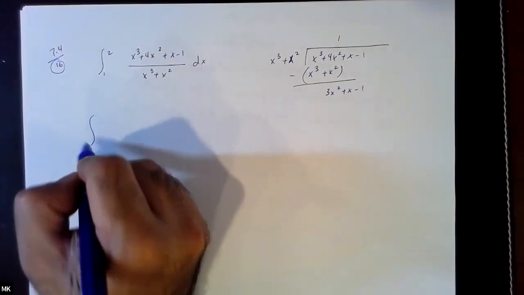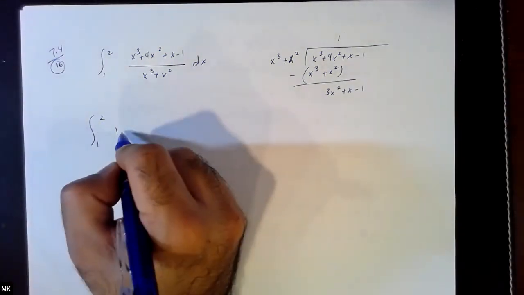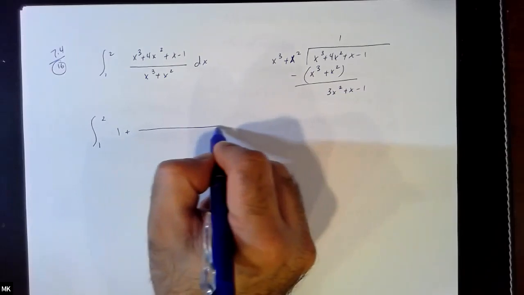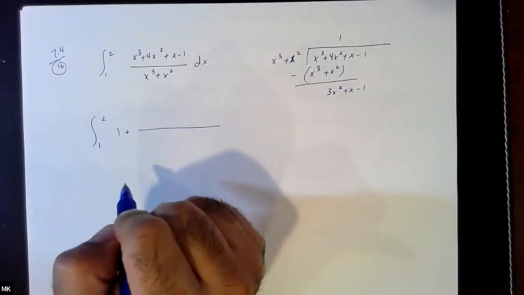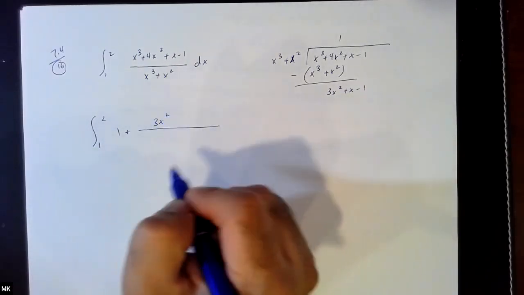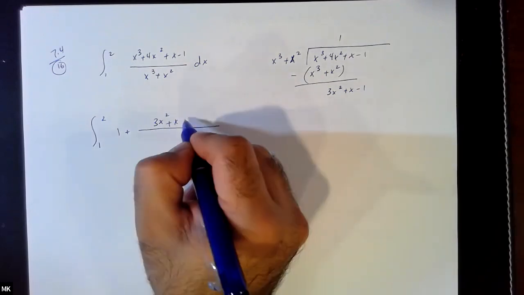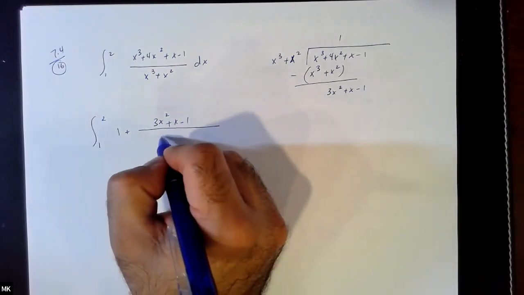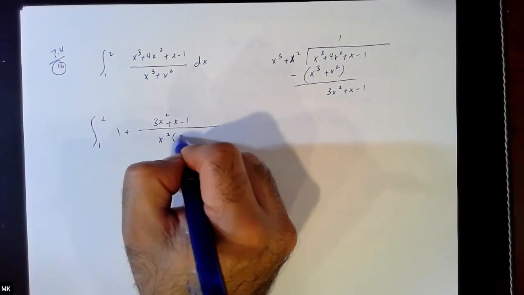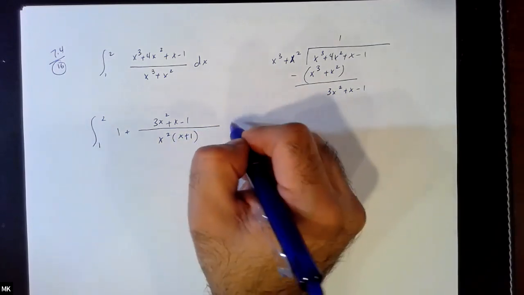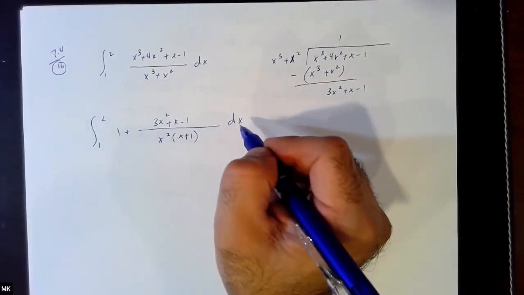So you get 1 plus 3x squared plus x minus 1 over x cubed plus x squared, which is x squared times x plus 1, dx.